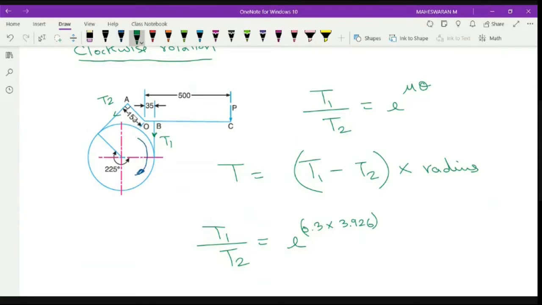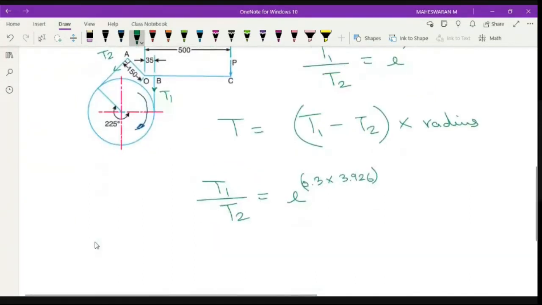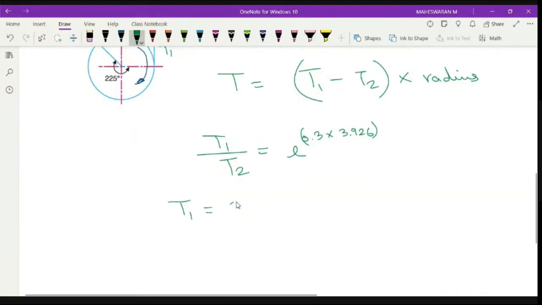I am concentrating only on this lever. Your tension is always outward. So what will be the value of T1 in terms of T2? T1 is 3.247 T2. Let me consider this as equation 1.